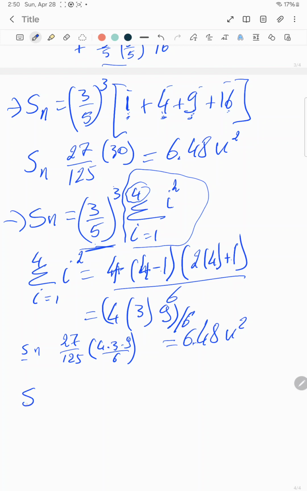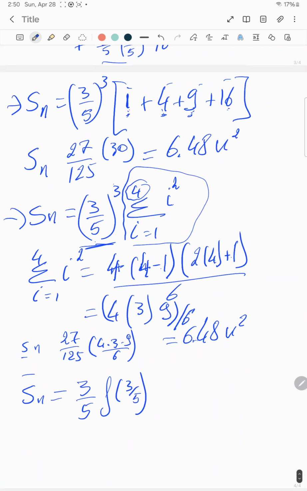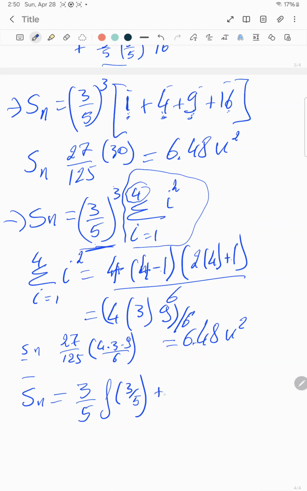So again, the Sn, now the upper bound, is equal 3 over 5 because I divided it into 5 areas. But instead of starting with f of 0, I will start with f of 3 over 5 because now I'm starting, that's my height, plus 3 over 5 and f of 6 over 5 plus 3 over 5 times f of 9 over 5.